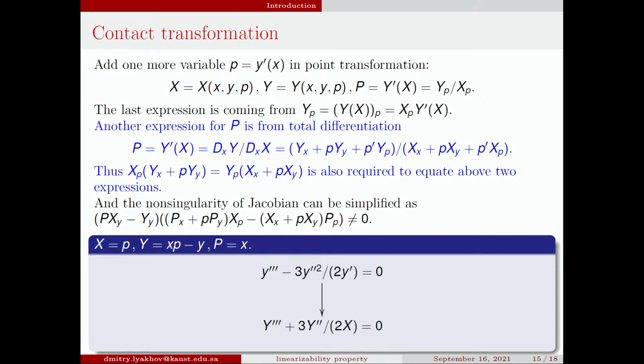And here is a very simple example of a contact transformation.